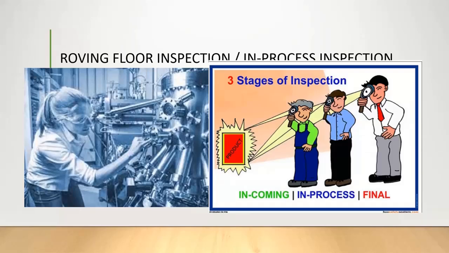In process, sometimes called DUPRO also, during production inspection. And final inspection, of course, is related to the final quality of a particular garment. So this is the roving floor inspection, where the inspector has to roam different processes where production is going on, and in process he or she has to inspect.